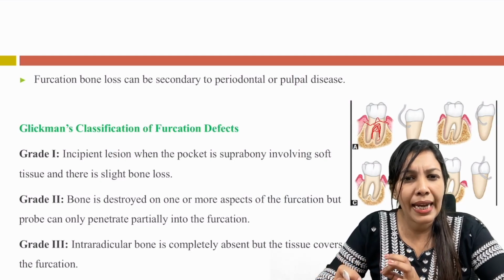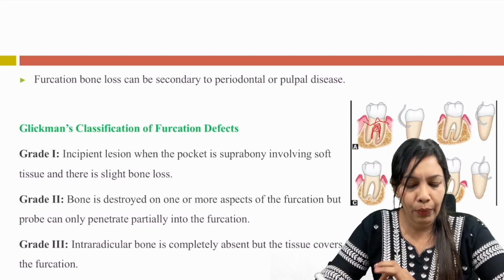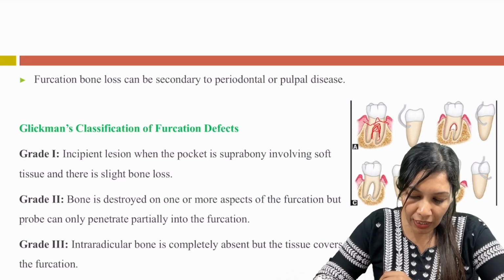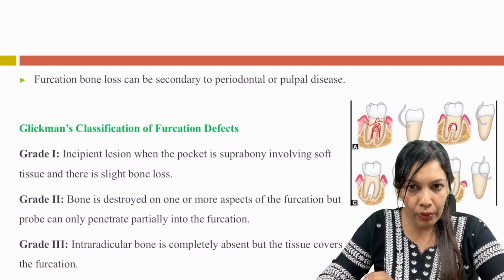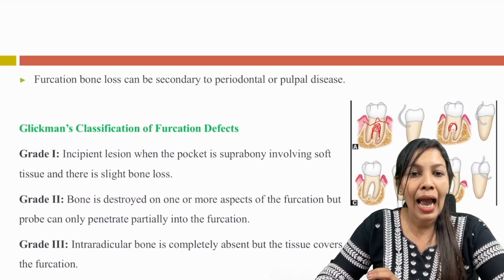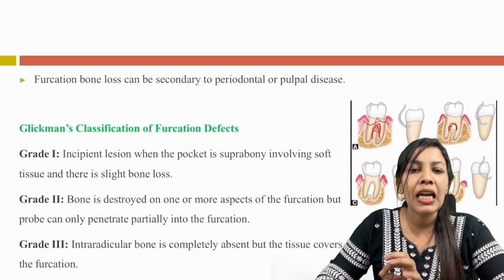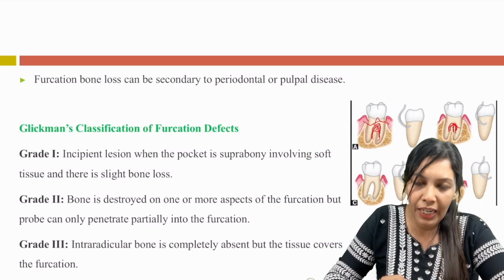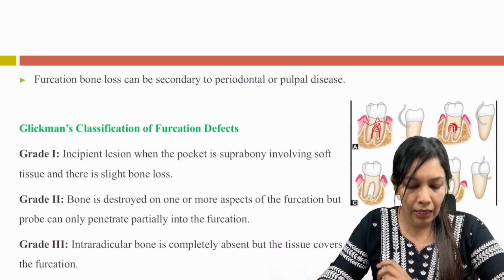There will be only a slight pocket seen in grade 1. In grade 2, there is destruction of the bone in one or more aspects of the furcation area, and we can only partially penetrate. The instrument will move only on a partial basis.